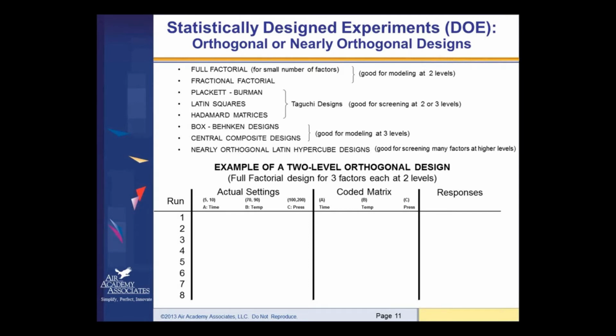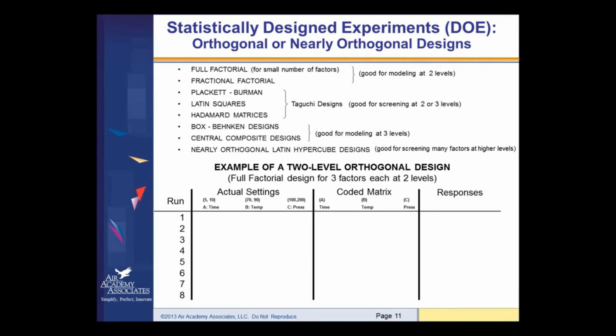Now, there are a variety of designs shown there, from full and fractional factorials through Plackett-Burman, Latin squares, and Hadamard matrices, which can be put together in a class of designs called Taguchi designs. There are Box-Behnken and central composite designs, which are also known as response surface designs. There's a new type of design out there today, nearly orthogonal Latin hypercube designs, an algorithm of which was generated by Tom Schock at the Naval Postgraduate School, which is used in many software packages today to generate designs which are good for screening many factors at lots of levels.